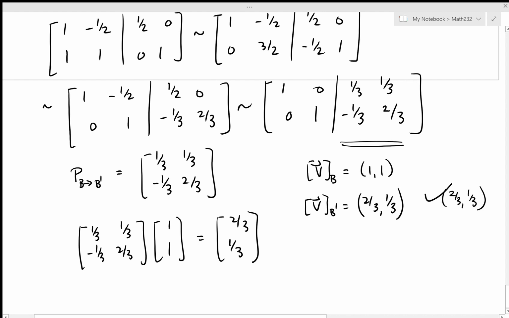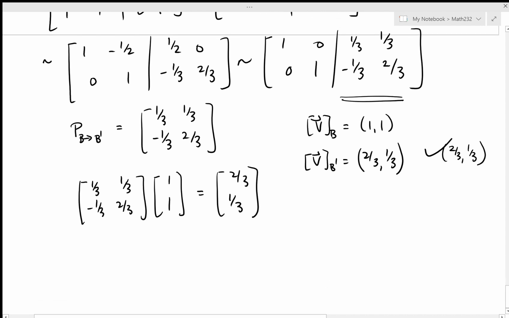Okay, but now at this point, if I have some other vector, let's not call it V, it's confusing. Let's call it W, and that is reference to B. Who knows what it is? It looks like this, 2, minus 1. And then I want to know what is W reference to B prime.